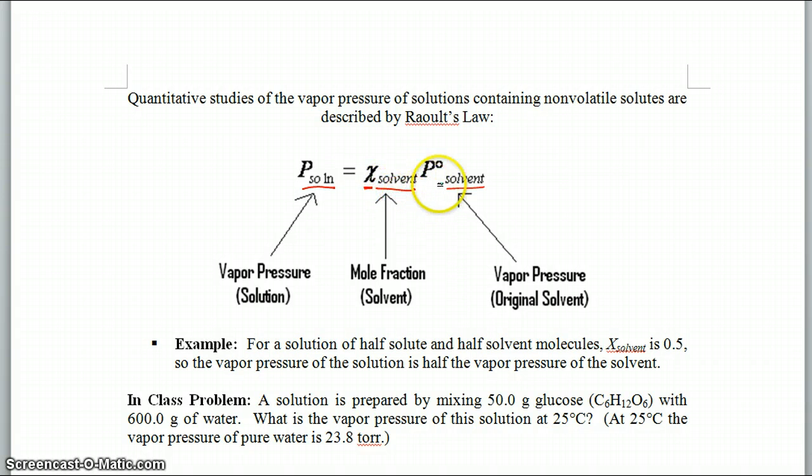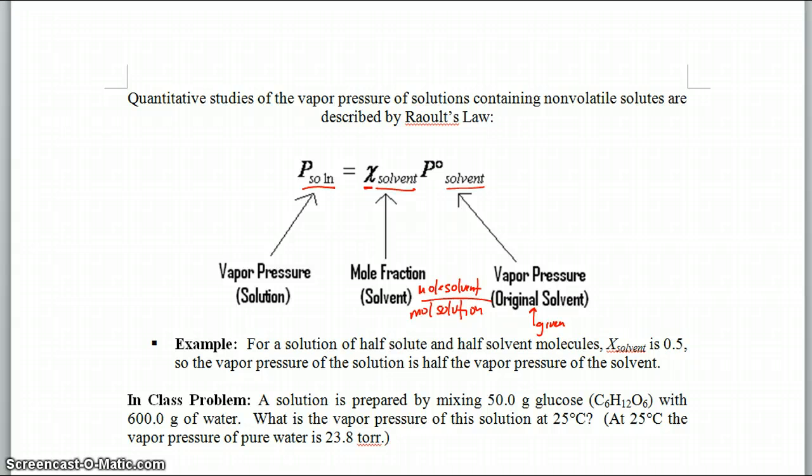So the mole fraction of the solvent times the vapor pressure of the pure solvent. And this is usually something that will be given to you if it's not something that you are directly solving for. Okay, and then the mole fraction you would obviously find by looking at the moles of solvent divided by the moles of solution.